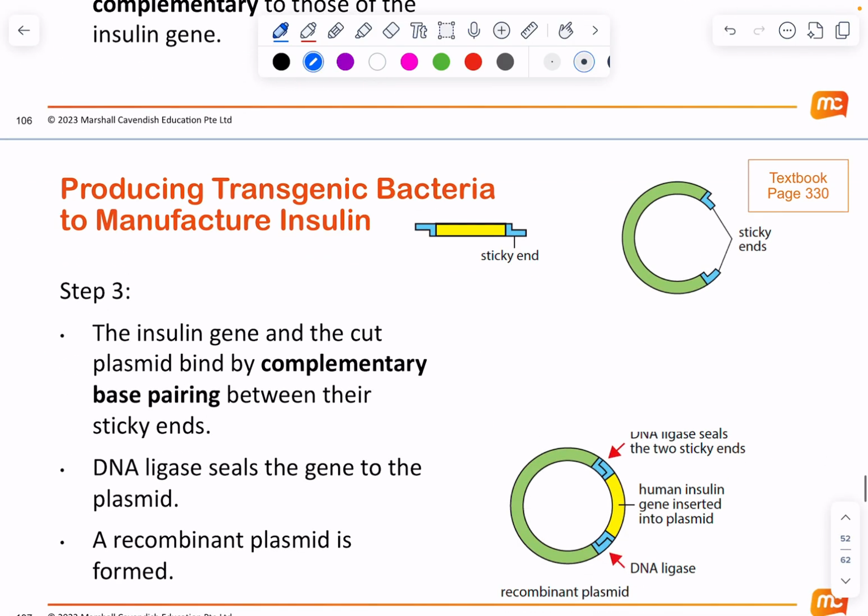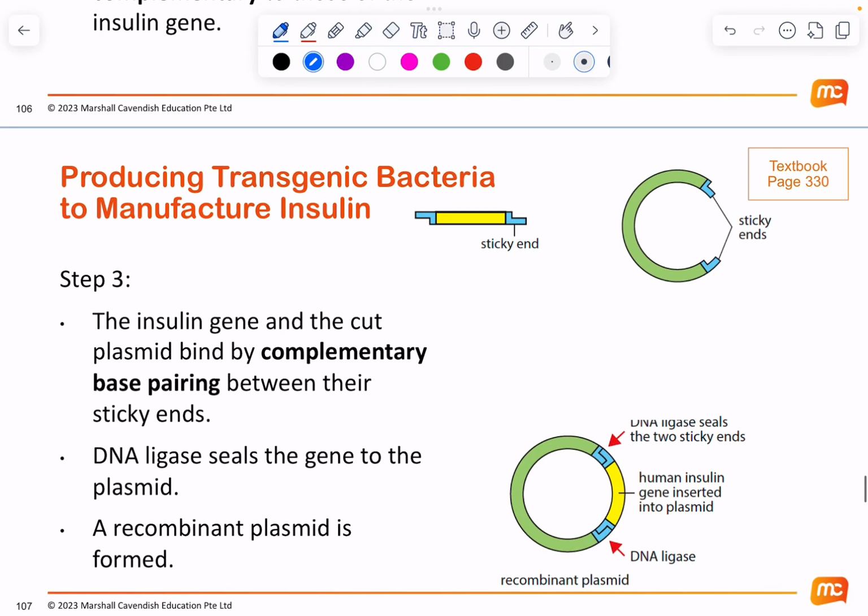So it will look like this. After that, we add DNA ligase to seal the gene and the sticky ends together through complementary base pairing. And this will form the recombinant plasmid DNA.